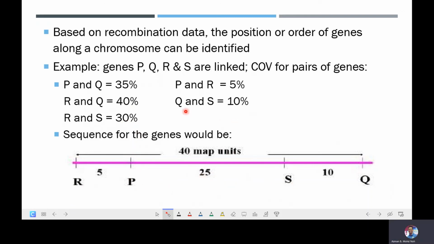And then we continue with the Q and S with the COV of 10%, and finally the shortest distance between P and R of 5% only over here. And so we can conclude that the sequence for the genes would be R, P, S, and Q.